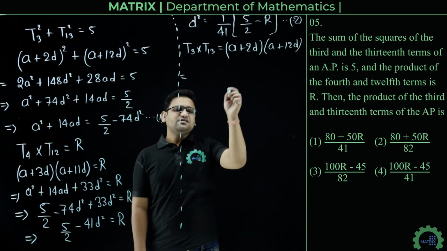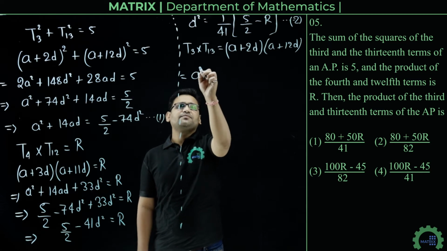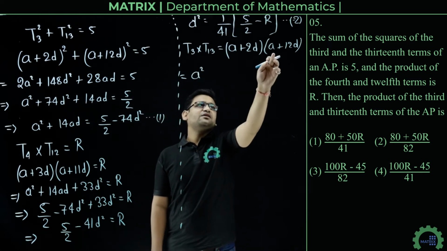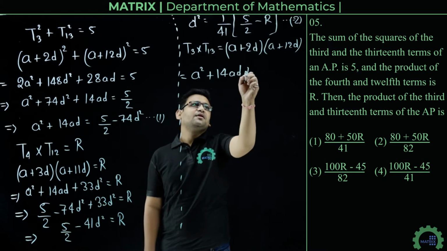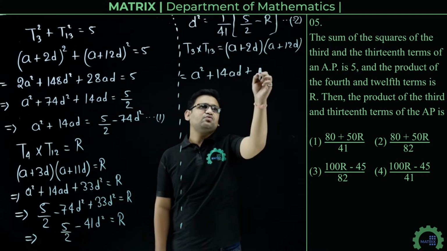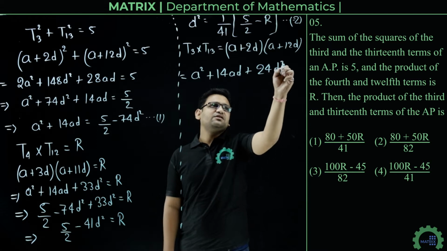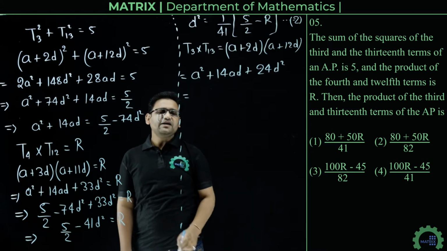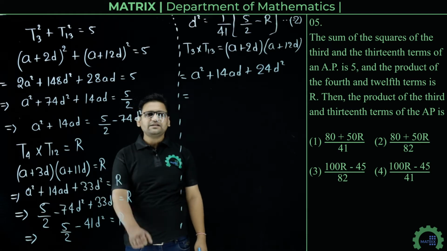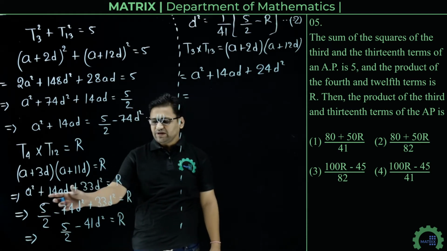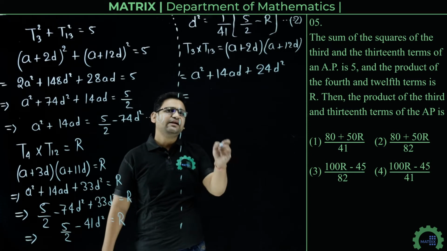So on simplifying this, we get A square plus 12AD plus 2AD, that is 14AD, plus 24D square. Now A square plus 14AD can be taken as (A minus 33D) square.